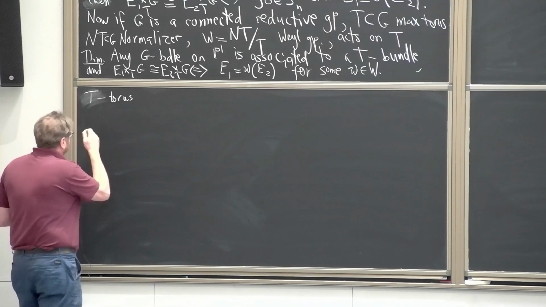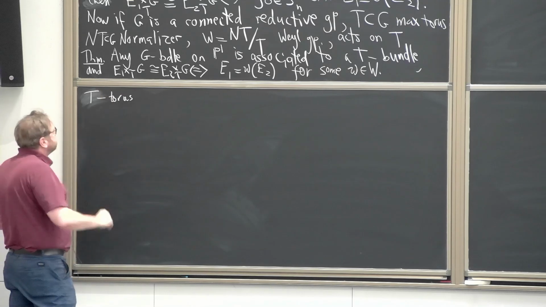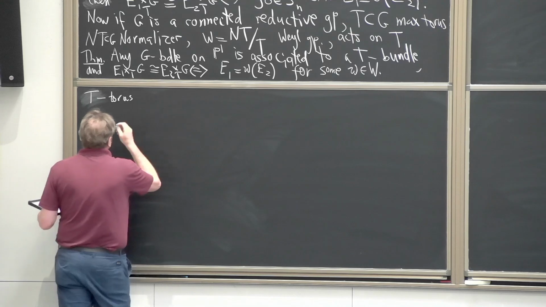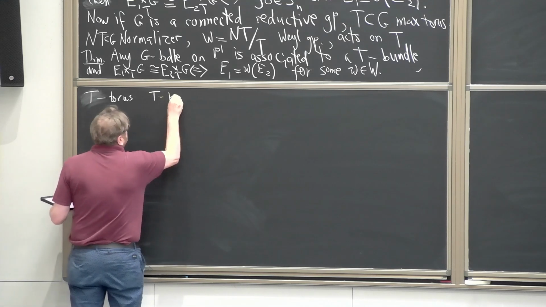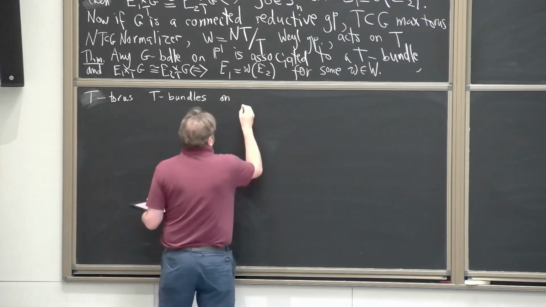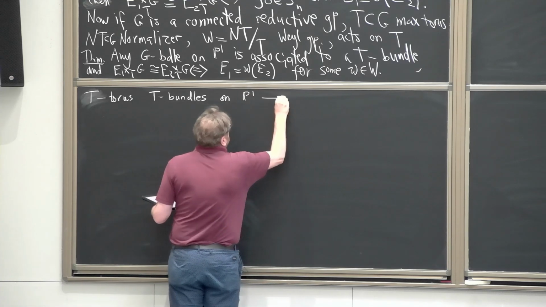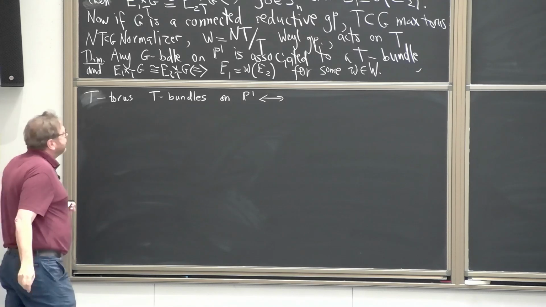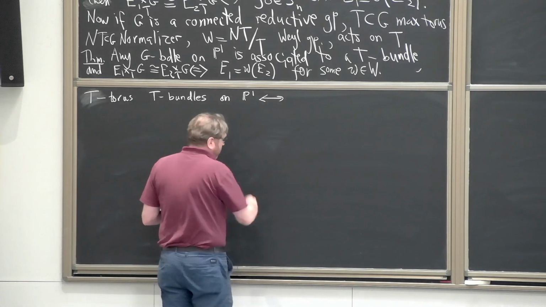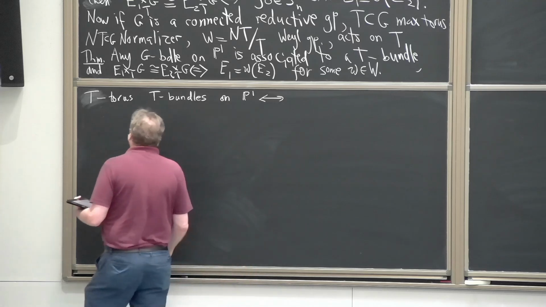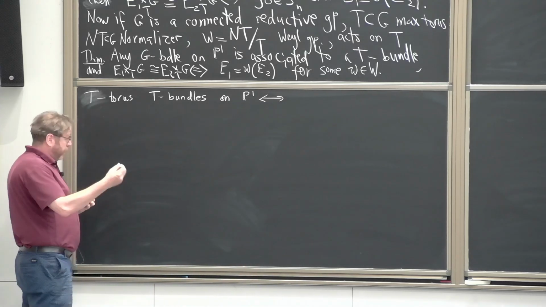And so let me just say a torus without choosing this identification. Then how do we classify T bundles on P1? Well, we know T is isomorphic to C star to the n, so this is just an n-tuple of integers. So this is in bijection with Z to the n, but non-canonically.